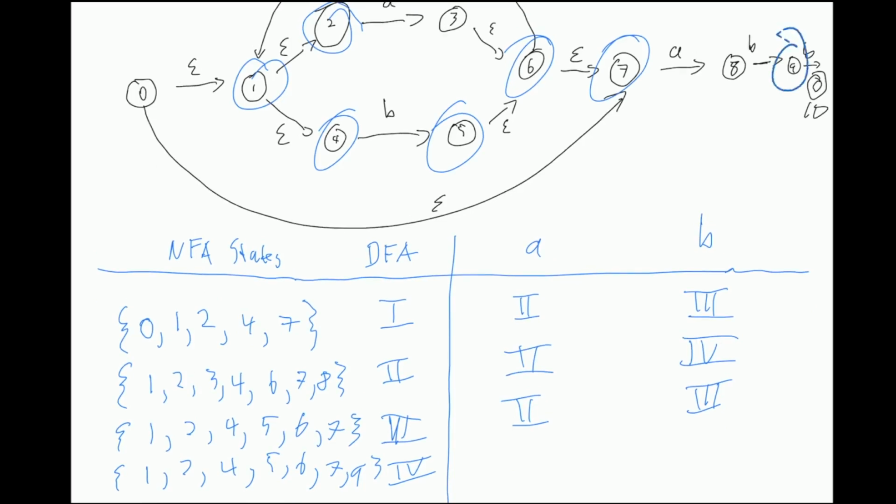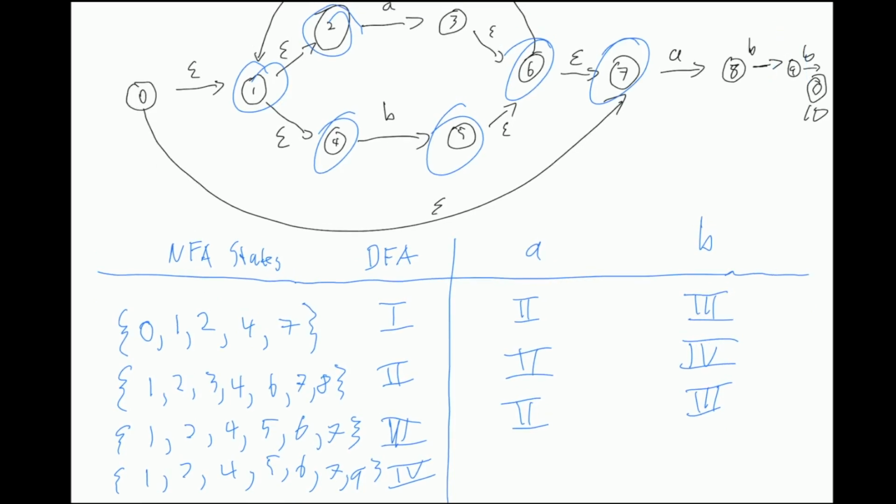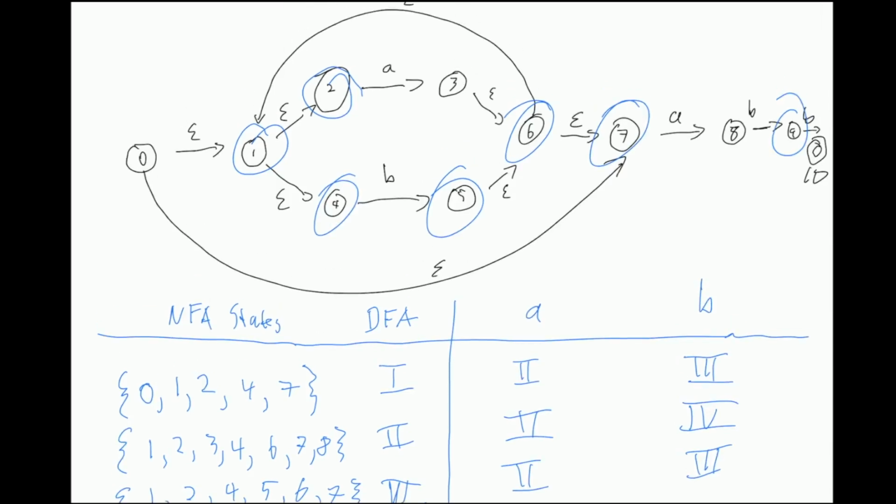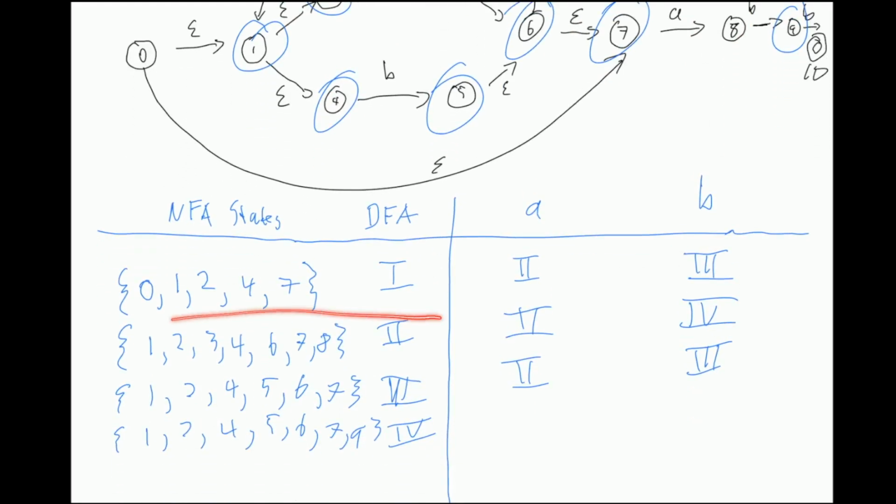So we're in these states, and we see A. We see A. There's only 2 transitions that we can take, 2 to 3 and 7 to 8. That puts us in states 3 and 8. We saw that several times, right? So that's state 2 again. This is the epsilon closure of states 3 and 8. So this puts us into Roman numeral DFA state 2.